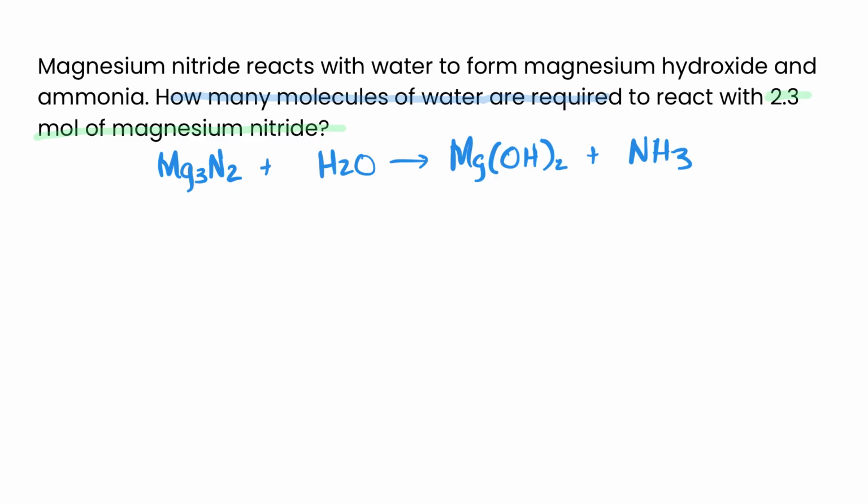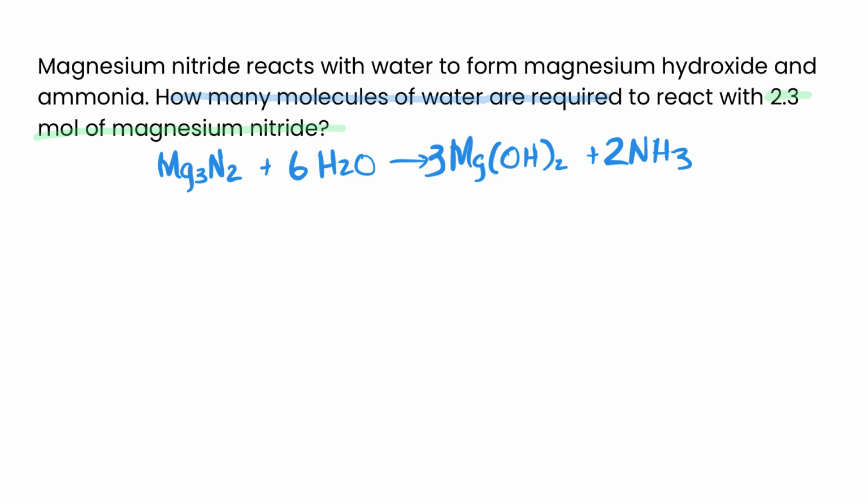Now, the easiest way to balance from here, this is not a balancing video, but let's balance the magnesiums first with a 3 there, and the nitrogens with a 2 there. Then if we take a look, we've got 6 and another 6, so we probably need a 6 here in terms of the hydrogens. Double checking the oxygens, that's perfect. Okay, so we're all balanced.